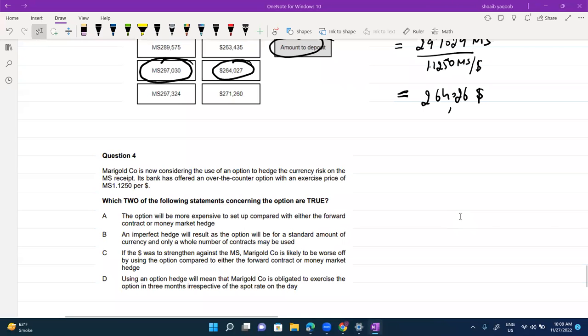Okay, Marigold company is now considering the use of an option to hedge the currency risk on the MS receipt. Its bank has offered an over-the-counter option with an exercise price of 1.1250. Which two of the following statements concerning the options are true? Option will be more expensive. अच्छा देख लेते हैं जी.